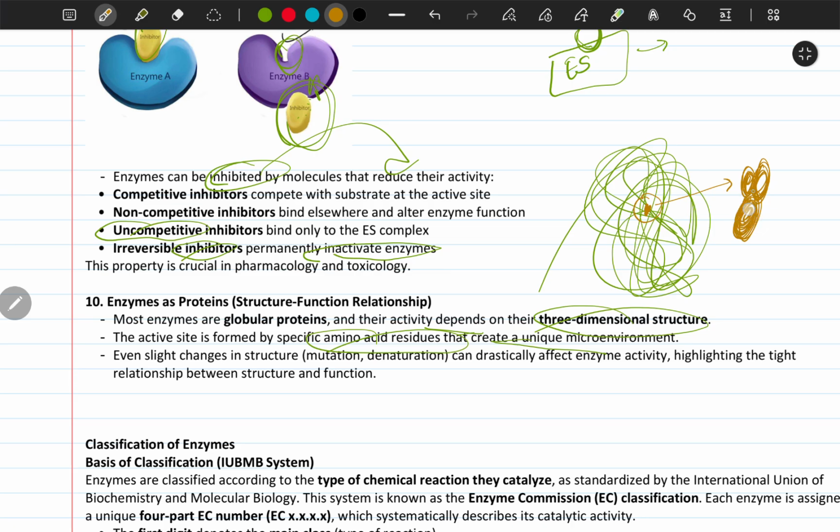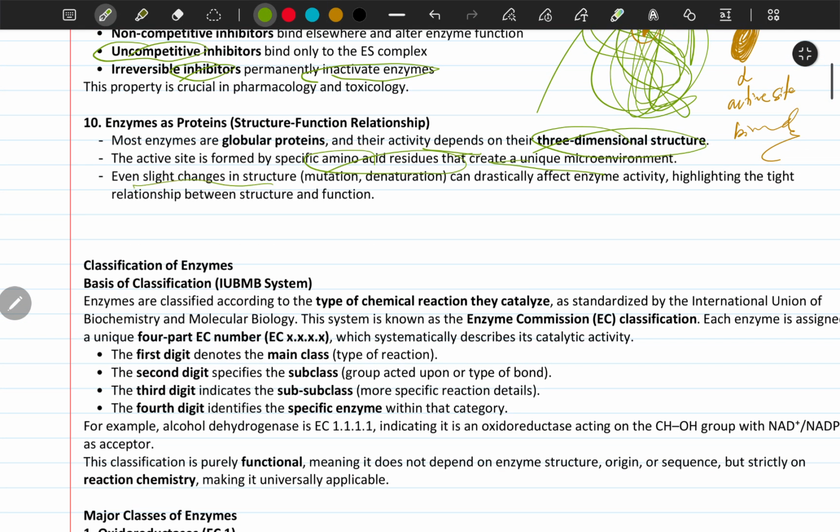These are specific amino acids, so they form the active site or binding site of enzymes. Even a slight change in structure, mutation, or denaturation can drastically affect enzyme activity, highlighting the tight relationship between structure and function.